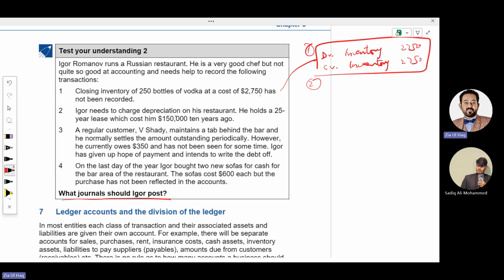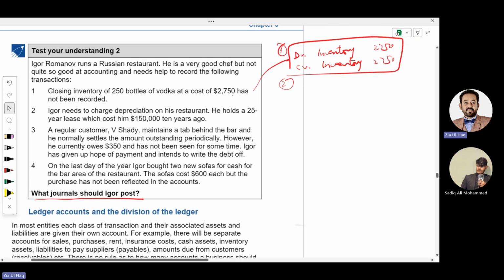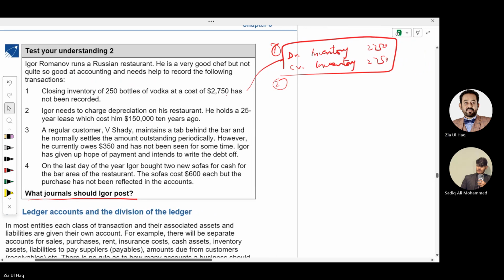Igor needs to charge depreciation on his restaurant. He holds a 25-year lease which cost him 150,000 10 years ago. So what could be the depreciation? What is the cost of the asset? 150,000.